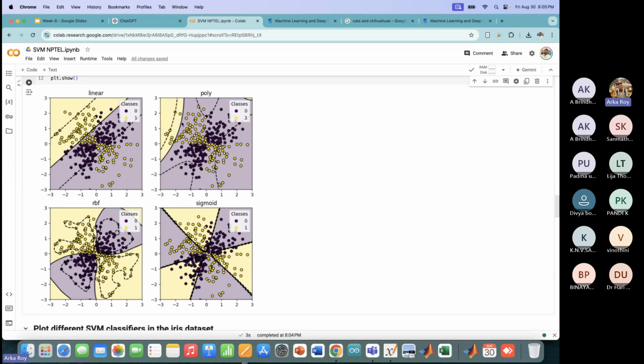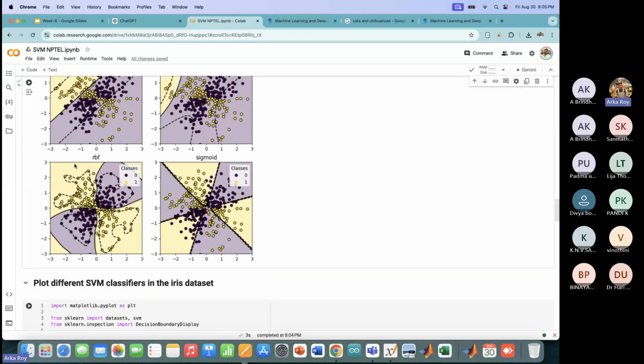In the polynomial case also, you are not able to classify the majority. Compared to the previous case, you can see the linear classifier still somewhat does a better job than the polynomial case. Because over here, you are trying to fit a higher degree polynomial, and you are creating a very complex model which is not able to understand anything.